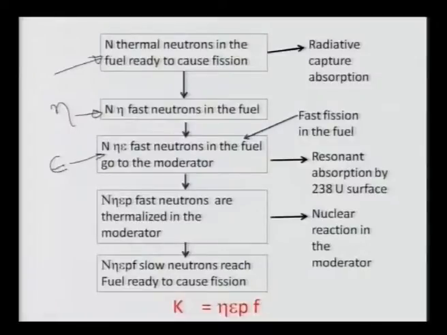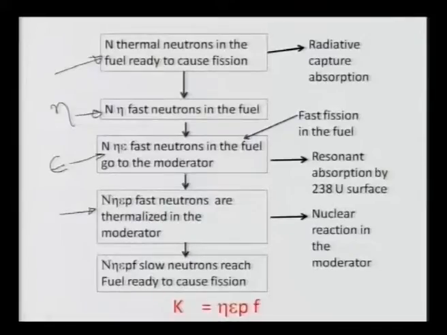So, eta times epsilon. Then of these neutrons which go to the moderator, some of them encounter the uranium 238 fuel rod surface and they can get captured there through those resonance reactions, and therefore the fraction which is finally thermalized is a factor P. After thermalization also they keep moving in the moderator for quite some time, and during that time they can interact with the moderator material itself.